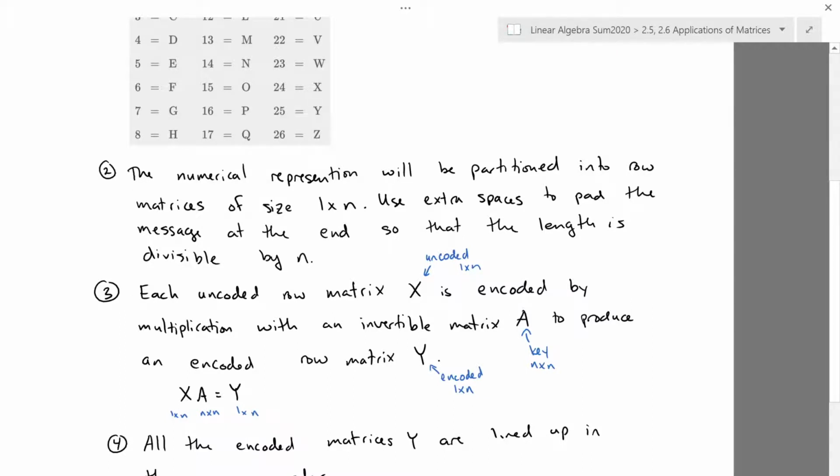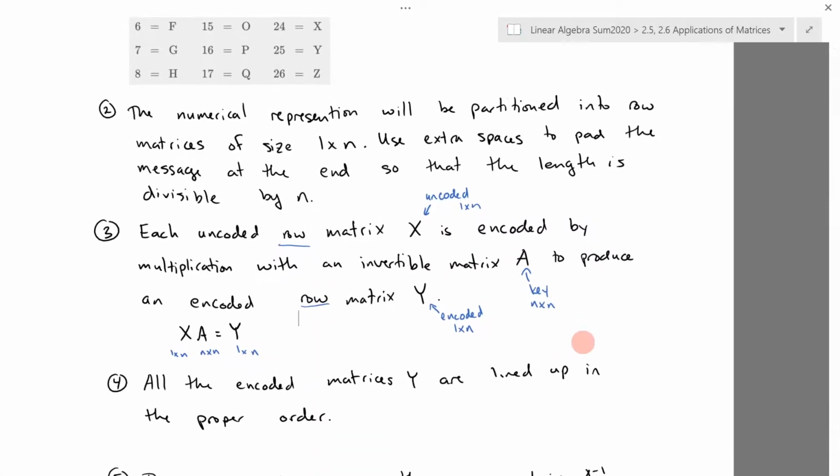One thing to be careful about here is that in this setup, we're multiplying the matrix A on the right, whereas typically we multiply using A on the left. So here A is being multiplied on the right, so we want X to be a row vector, and the resulting matrix is also a row vector, so that everything is the proper size and the multiplication works out.